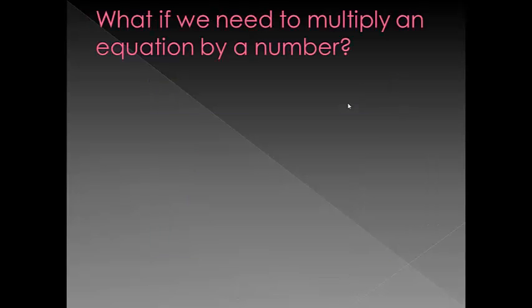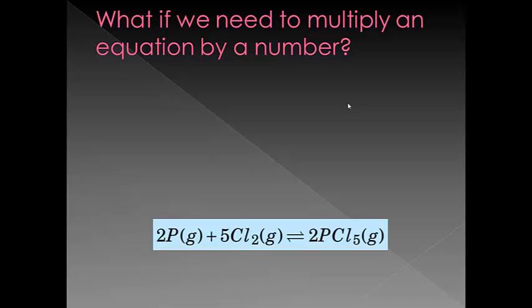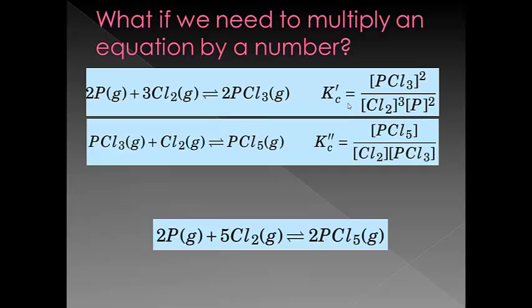Now let's look at an example where we need to multiply an equation by 2. For this example, we'll use a real chemical equation instead of our generic ones. If we're looking for this equation's Kc, and we know the Kc of these two reactions, but now you can see in order to get the phosphorus trichloride to cancel, we're going to need to multiply the second equation by 2.